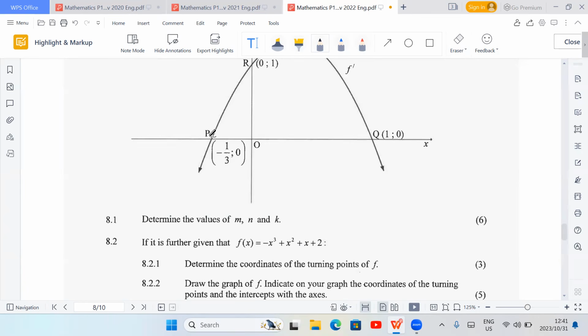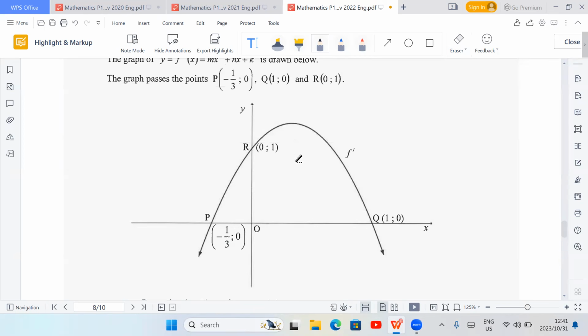So you just have to know the coordinates that are given here. These are the same x coordinates for the turning points, guys. The axis of symmetry that you're going to get from this, which you can get from just saying -1/3 plus 1/2, is actually representing the point of inflection.